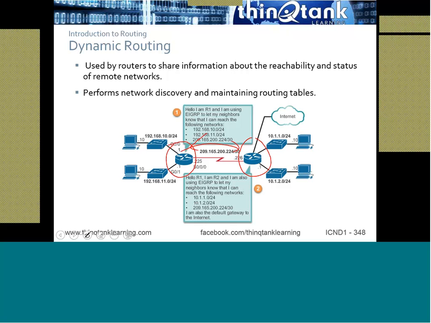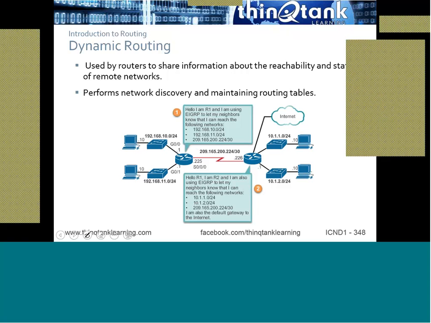These guys are exchanging information with each other saying, I have these routes, I can get to these destinations, these are the metrics, et cetera, et cetera. So it's almost like they're speaking a language. And they're sharing information in real time, dynamically. All right? A lot of benefits to that, but then also you have to understand the impact that that has on your topology. How much information is going to have to be exchanged?